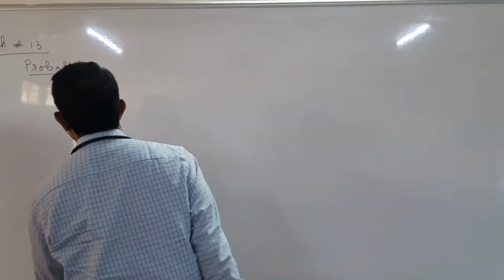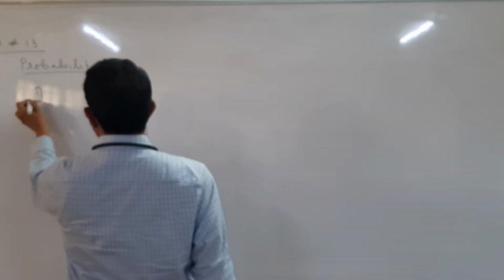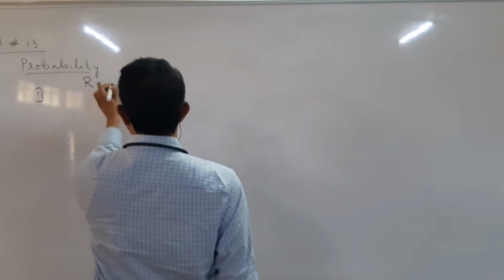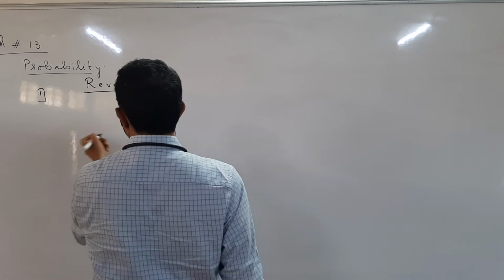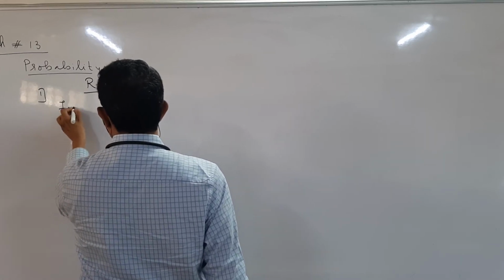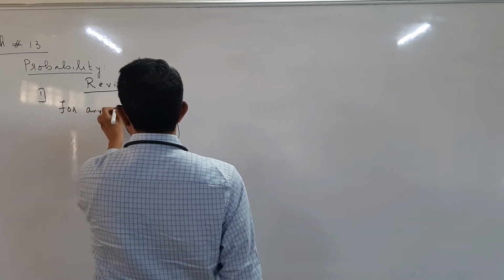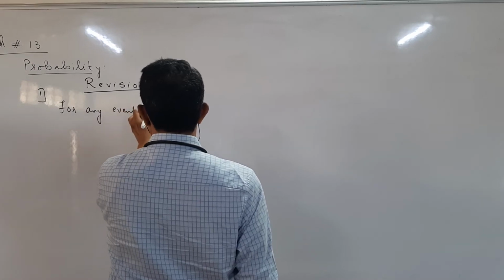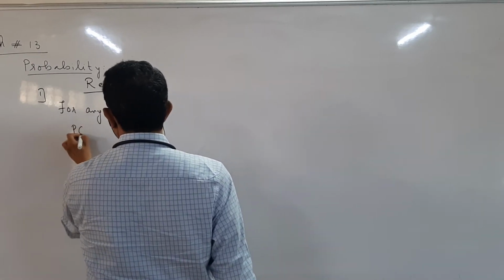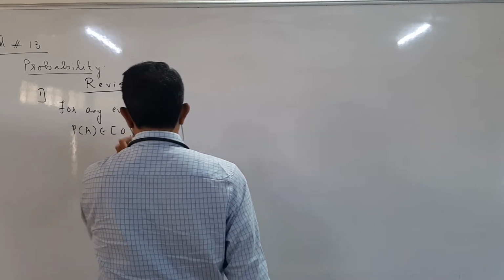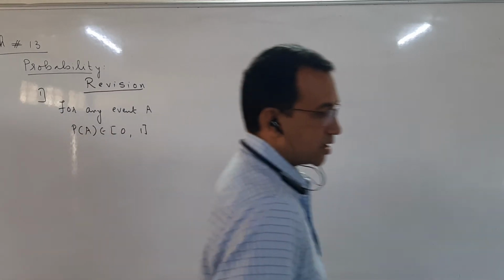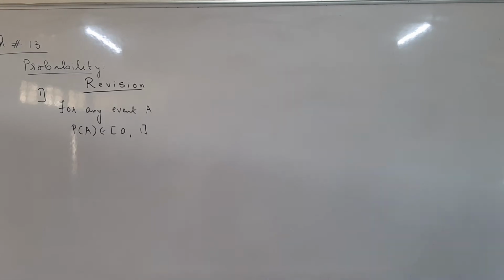Now students, the first and the foremost formula in revision: for any event A, probability of event A belongs to closed interval 0, 1.